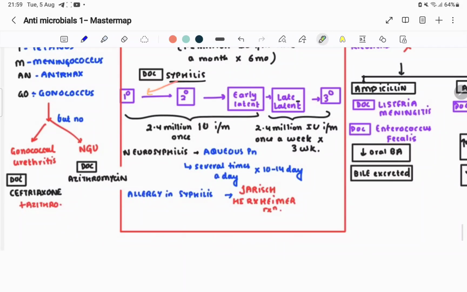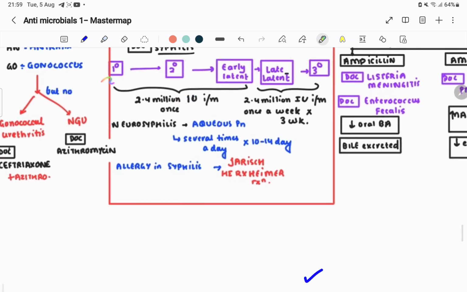Syphilis has 5 stages: primary syphilis, secondary, early latent, late latent, and tertiary syphilis, right? So in primary, secondary, and early latent syphilis, you give 2.4 million international unit IM once, only a single dose.